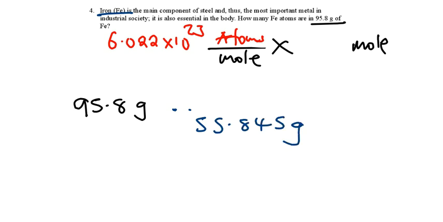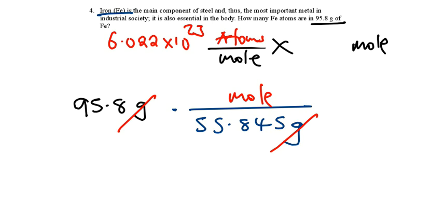I've deliberately put it on the bottom so that I can cancel out the mass, and I know the units for molar mass is grams per mole, so the mole can be on top. So the grams can divide. This is a formula that some of you have mastered, and I don't like mastering it. Of course you can, where the number of moles is the mass, which is the 95.8, divided by the molar mass 55.845.